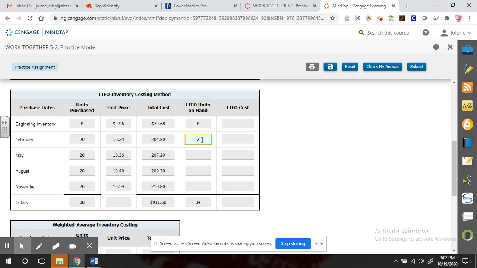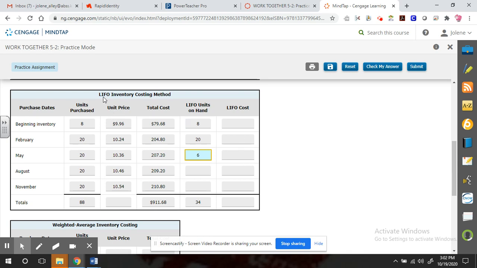We have the whole shipment of February. We need 34. Well, right now we've got 28. If we put another 6 on there, if I do my math right, 28 plus 6 equals 34.